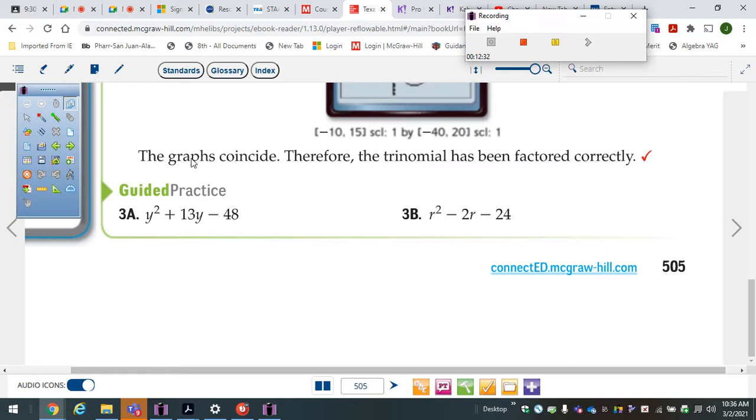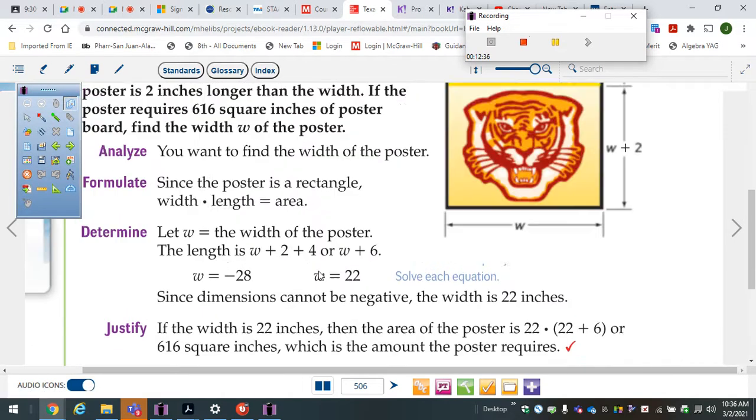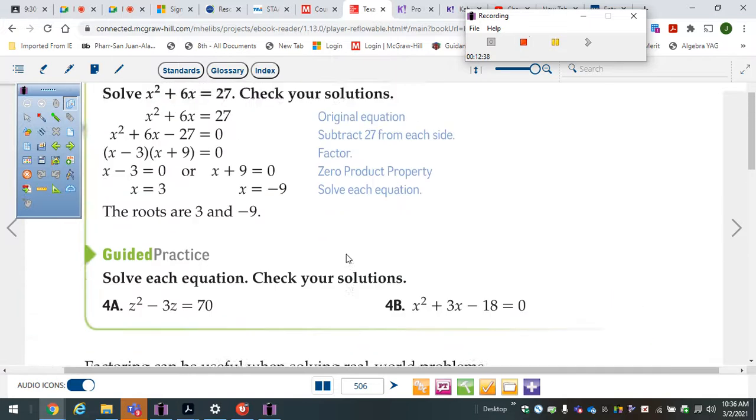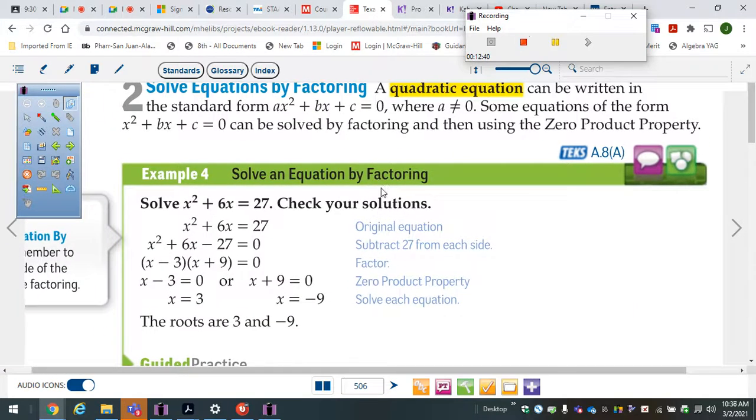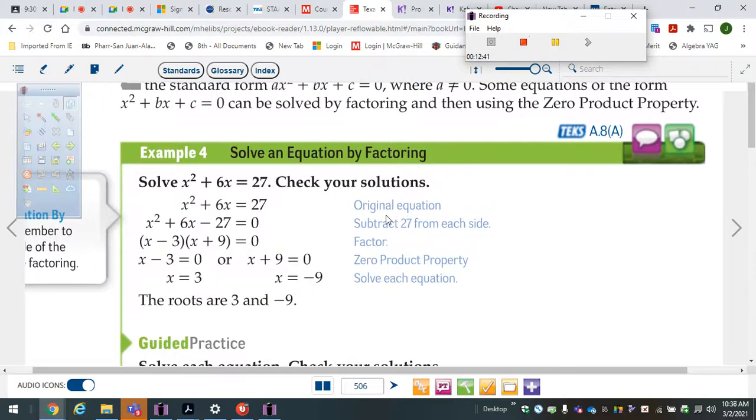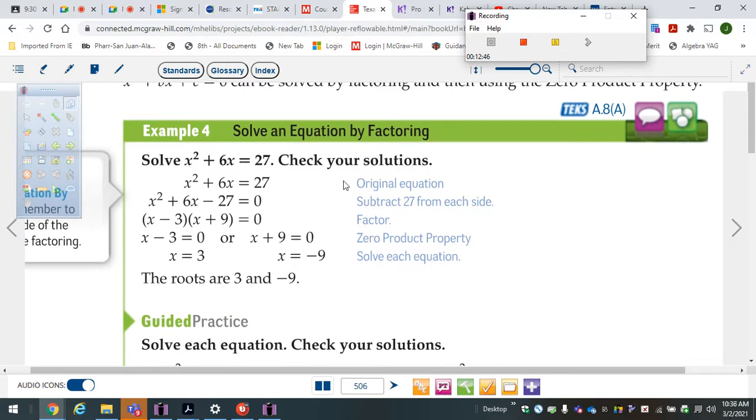Going once, going twice. Do you have any questions there? Okay, now the next thing is we're going to do the same idea, a continuation. We're just going to solve an equation. Find the 0. So you see this one right here? You have to set it equal to 0.